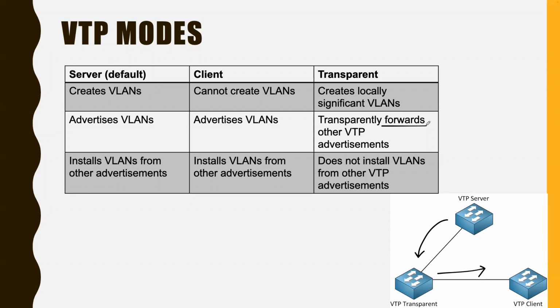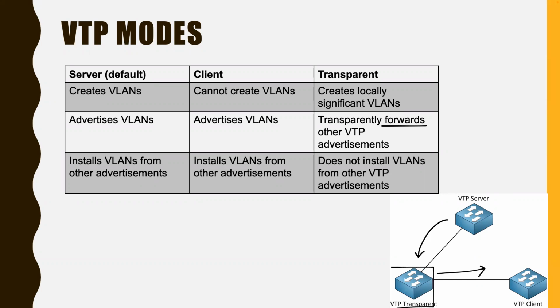All right. Yes, Vinayak. Gaurav, I understood the concept of transparent, but I'm not understanding how it will help in the real world. So in the real world, let's say I configured VTP in our network, but on some of the switches I want to manage those VLANs manually and independently.